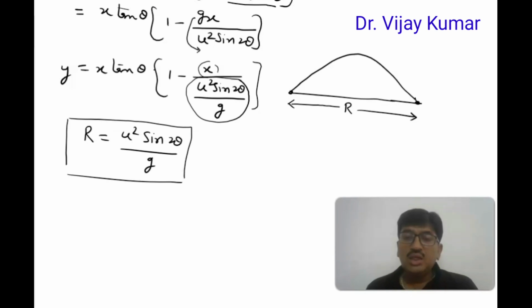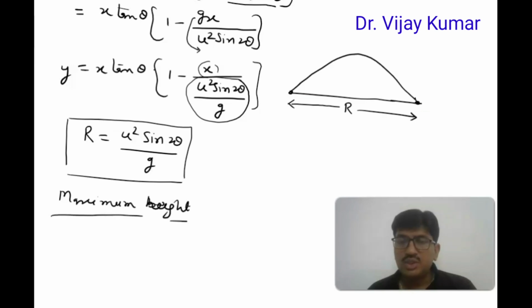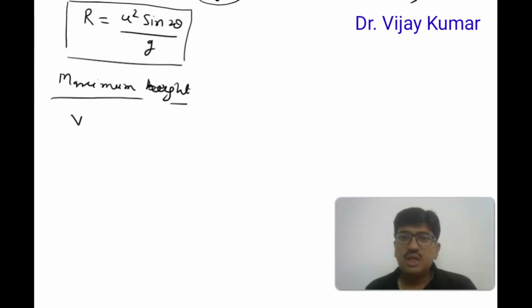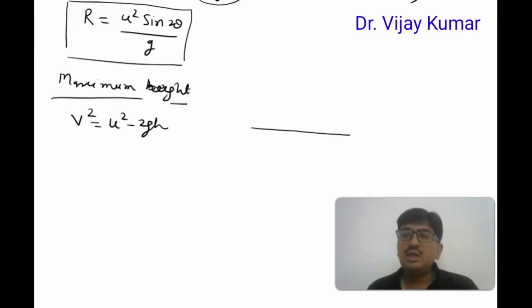Now we will calculate the maximum height of the projectile. We know that v square equals u square minus 2gh, and in the projectile path, as the particle moves upward, the upward component decreases continuously, and at the maximum height Vy becomes equal to 0.